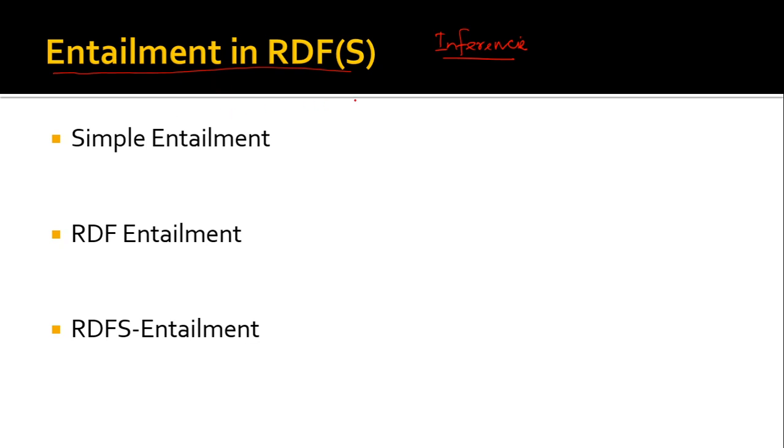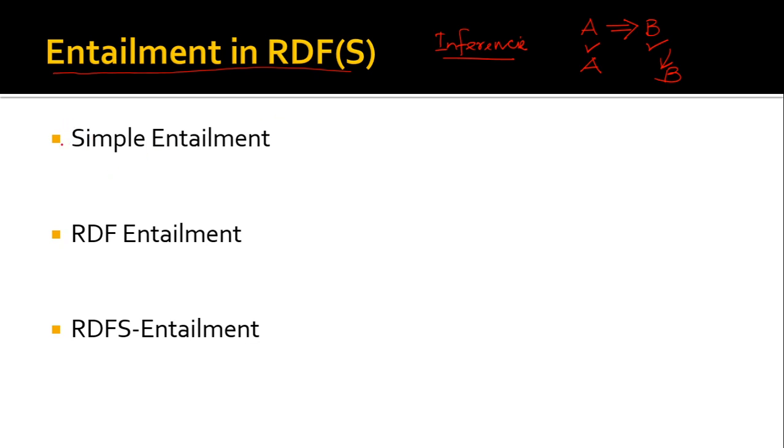To put it very simply, what do we do in inference? You have a rule like this: if A is true, then you can infer B to be true. If you say that A is true, then from this you can derive B. This is the simple notion of inference, and we will use it to define the inferences in RDFS, or in other words, the entailment in RDFS.